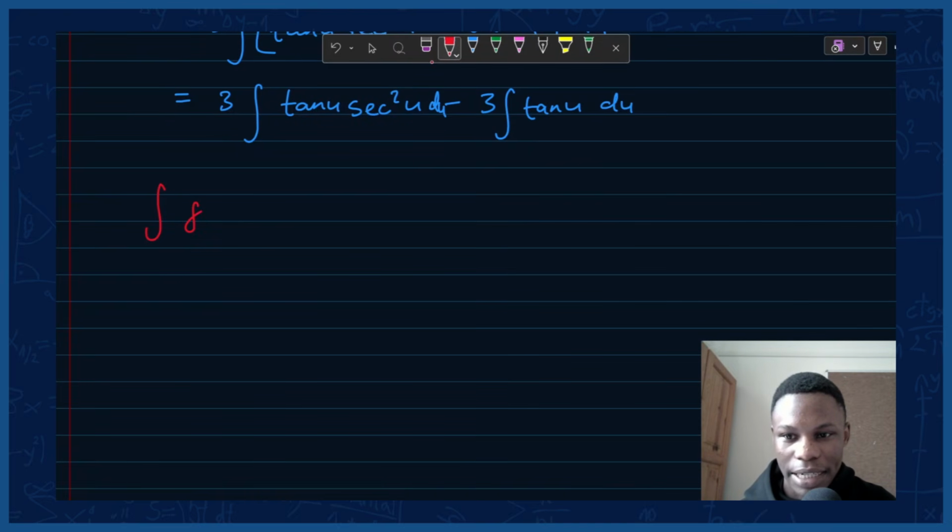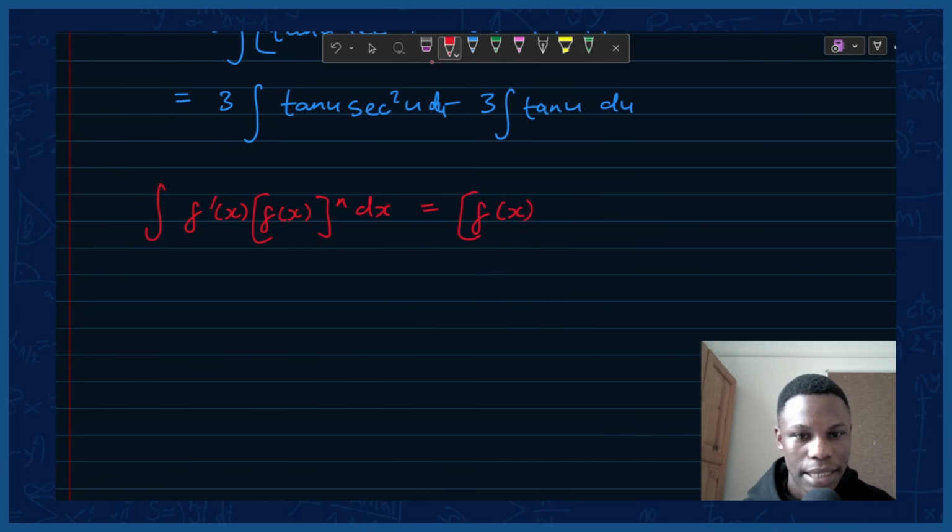If I have the integral of f prime of x times f of x, all of this to the power of n, with respect to x, then this is f of x raised to the power of n plus 1, divided by n plus 1, plus, of course, your constant of integration.